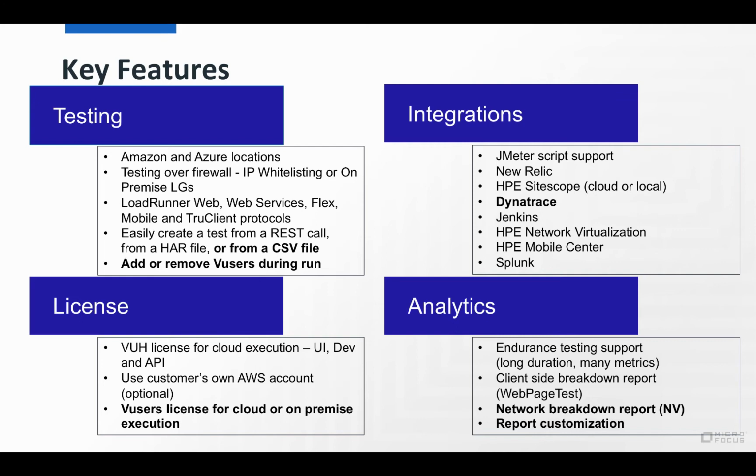From the integrations angle, we support open source such as JMeter and Jenkins, for example. And we recently removed the beta from the Splunk, and you can also use it in your StormRunner tenant. From the license aspect, we support virtual users and virtual user hours, and from the analytics, we support the ClientSide Breakdown report, network virtualizations, and other features.